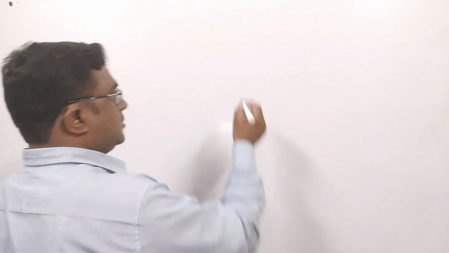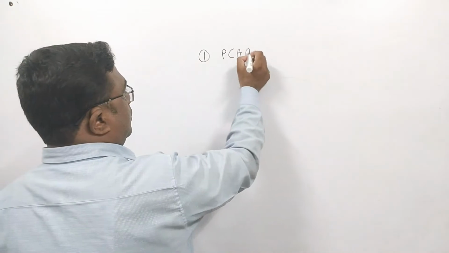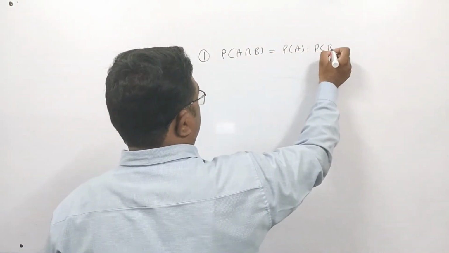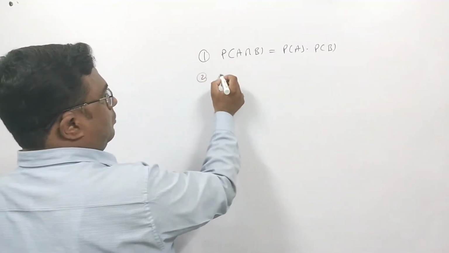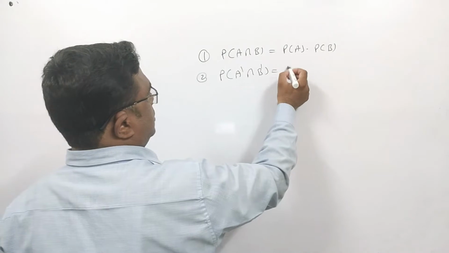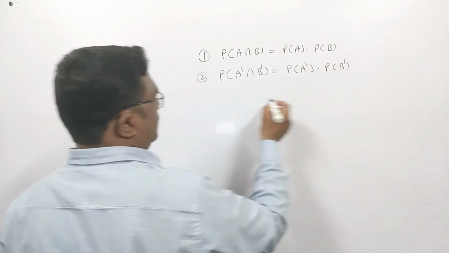Now we will see properties of independent events. We have four properties. P(A intersection B) equals P(A) into P(B), that I told you. Property number 2, P(A complement intersection B complement) is equal to P(A complement) into P(B complement).